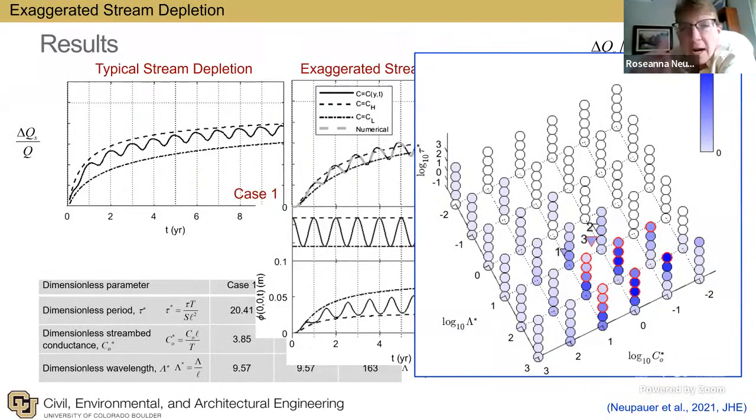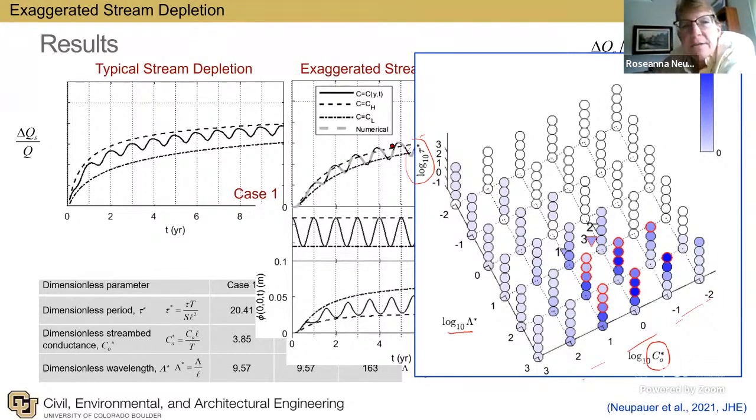This plot, I won't go into much detail here, but this plot is showing, for different values of this dimensionless stream bed conductance, different values of the spatial period of the stream bed fluctuations, and then this is the dimensionless period of the fluctuations in time.